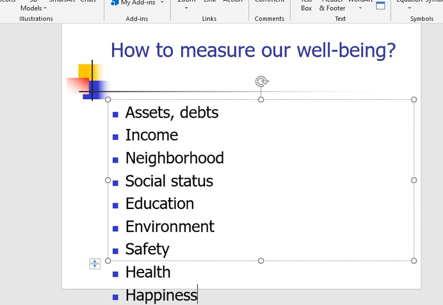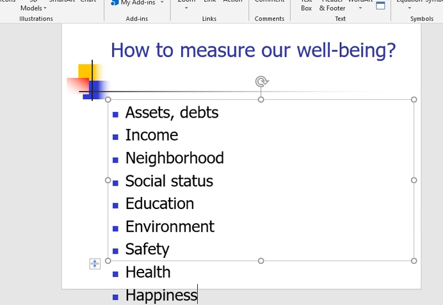But none of these are absolutely objective. They're not so quantifiable, unlike assets, debts, and income.